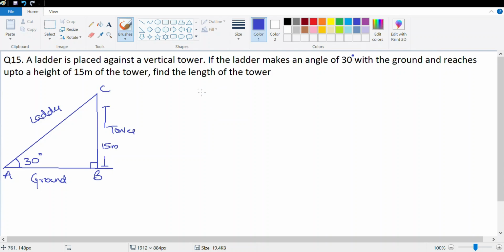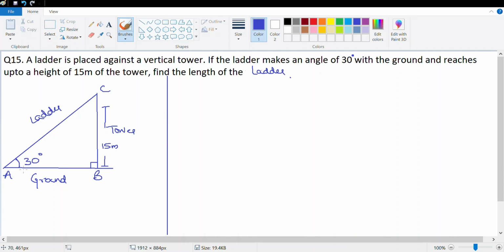Now we've converted the word problem into a trigonometrical question, which looks simple now. We need to find the length of the tower. Is that the question? No, we need to find the length of the ladder, obviously, because the height of the tower is already given. I have written the question incorrectly. We need to find the length of the ladder. So I need to find AC.